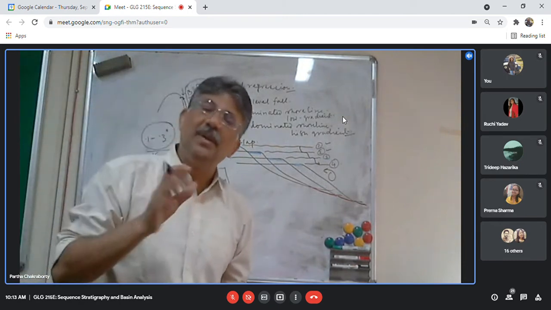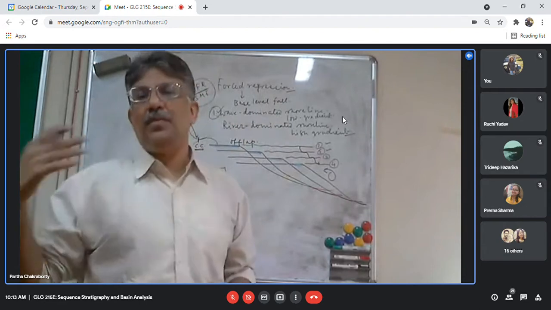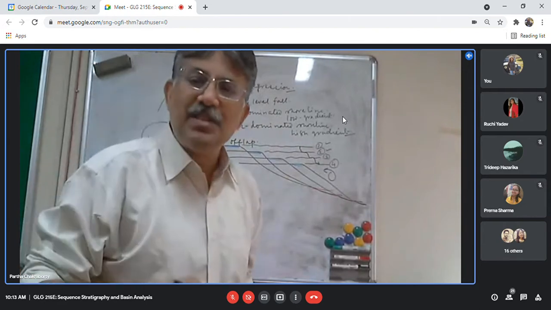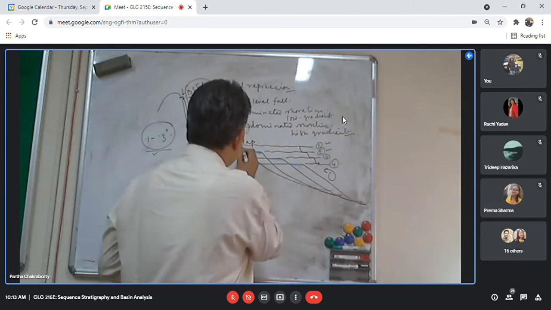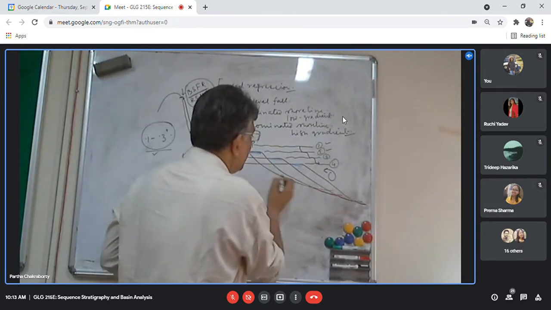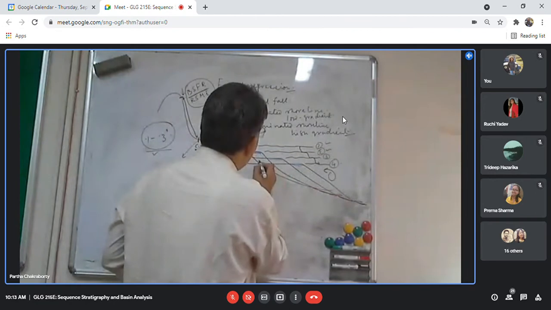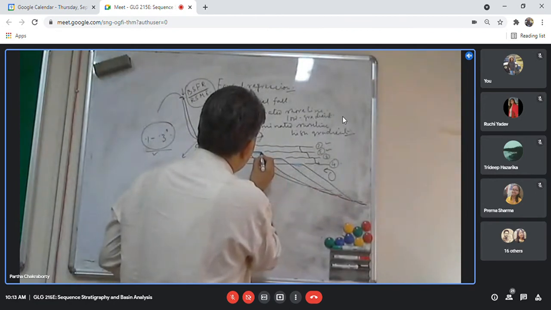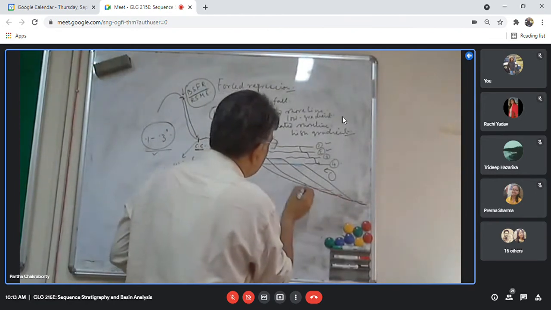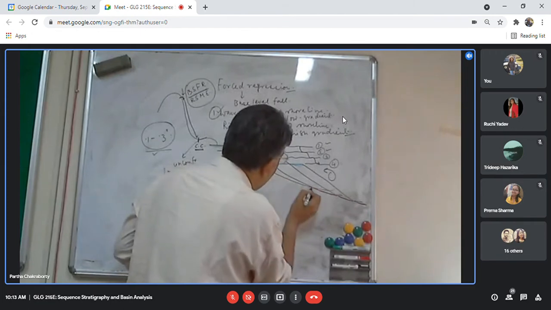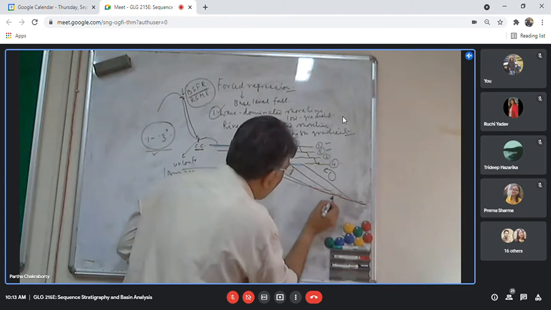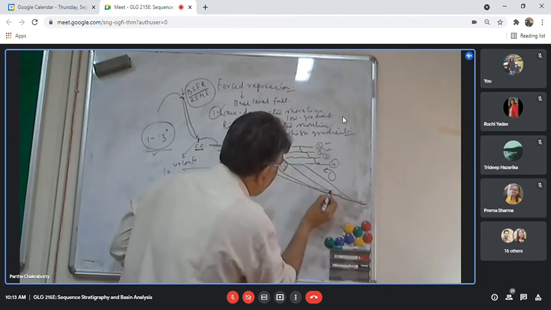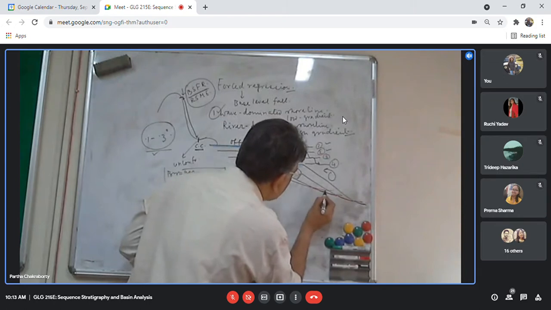When the sea level is falling, if this is the equilibrium profile and then you have a fall, it will make the gradient the same again, so the profile goes further down, and thereby it erodes this.